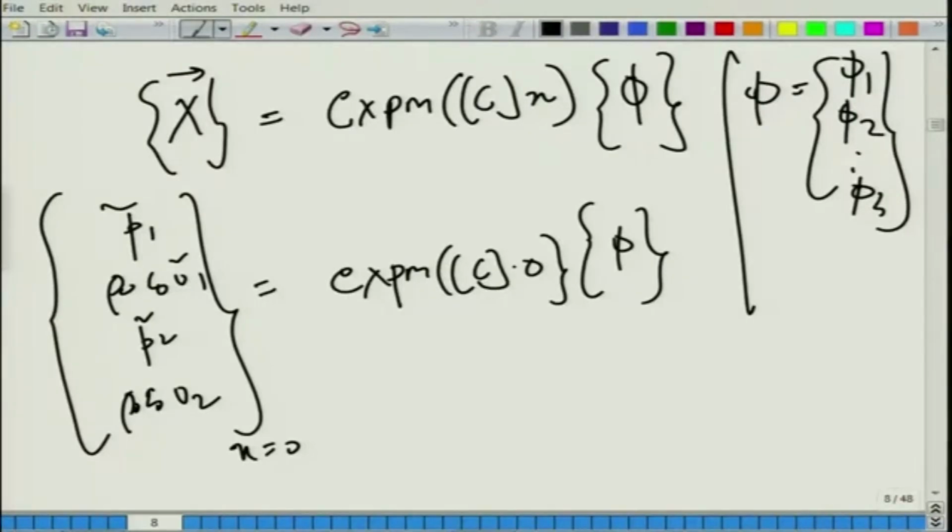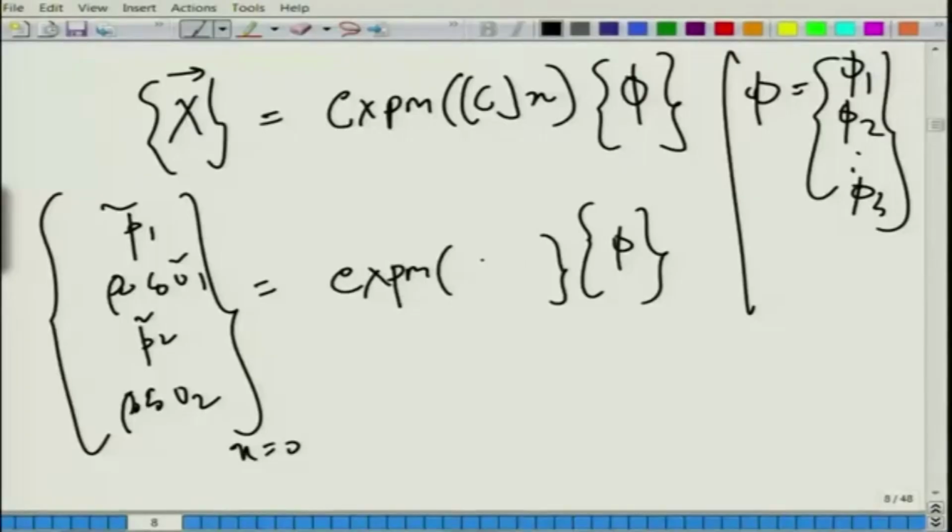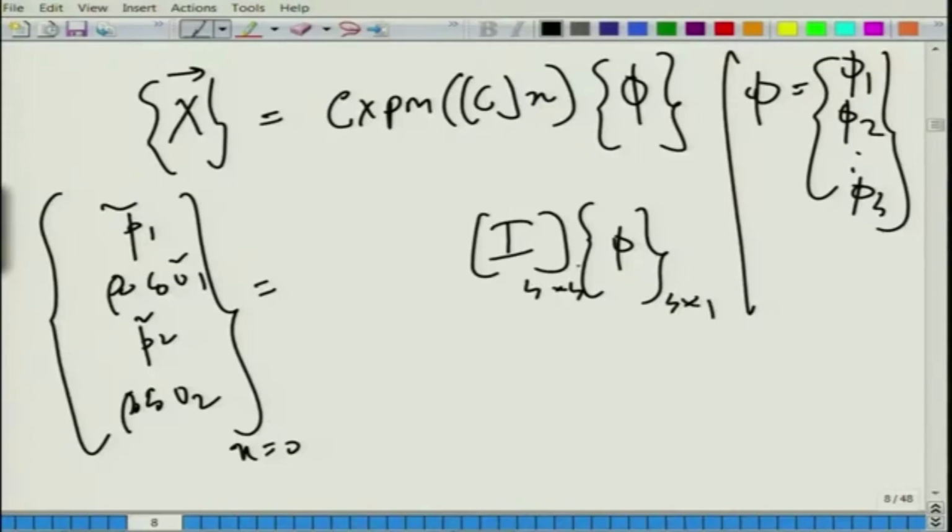Remember the definition: exponential of A is I plus A squared by 2 factorial plus A cubed by 3 factorial and so on. So we just get the 0 matrix, and we can replace expm by I. So, I, the identity, which is 4 cross 4, times this 4 cross 1 gives back your phi vector. So phi constant is nothing but your state vector at x equal to 0.